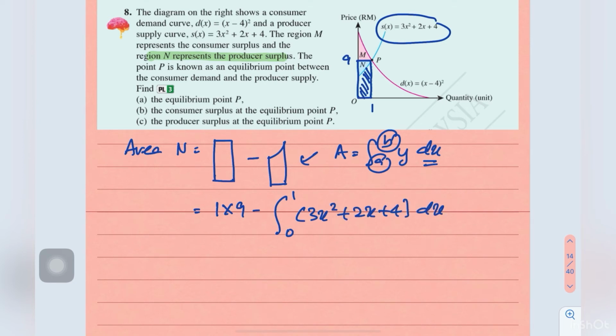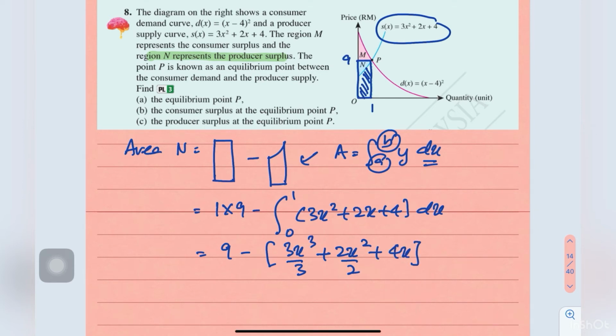Okay, we integrate with respect to x to get area. So this one, 9 minus, we integrate 3x³ over 3 plus 2x² over 2 plus 4x. Okay, so lower and upper limit is 0, 1.